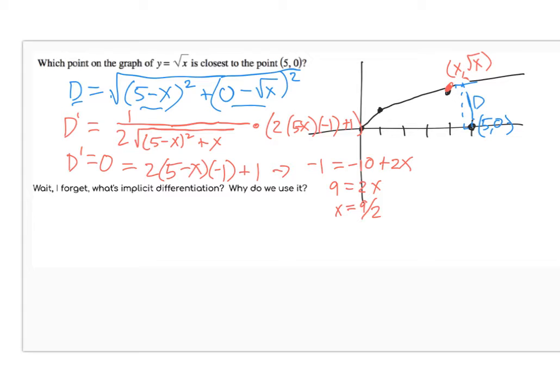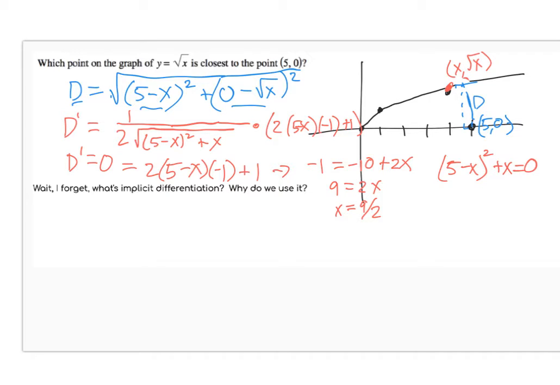One of the things that I could do to see what's going on here is to use that x value in the derivative, or take the second derivative and do the second derivative test. I also do want to check the bottom, for things that are undefined, and that would be essentially saying that (5 minus x) quantity squared plus x is equal to 0.